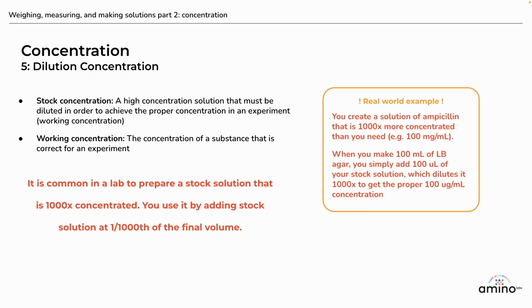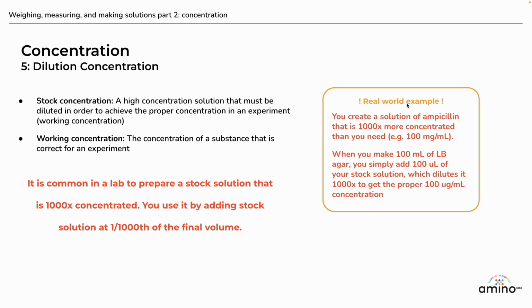As an example, it's common in a lab to prepare a stock solution that is 1,000 times concentrated. This means you have 1,000 times more mass, or number of molecules, in the solution than you actually need for your experiment. So to get to the correct concentration, you add your stock solution at 1/1000th of the final volume.